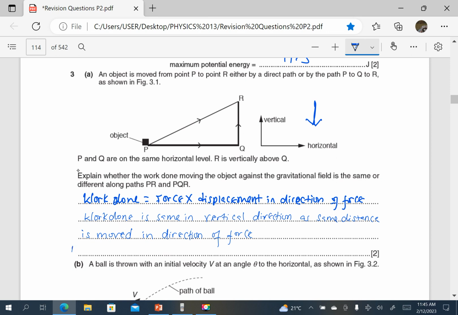That is to say, if I can add more explanation, there is no work done along PQ because it is not moving against gravity. In other words, no work done along PQ, as there is no displacement in the direction of force.